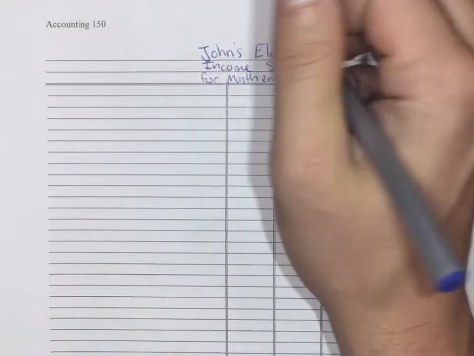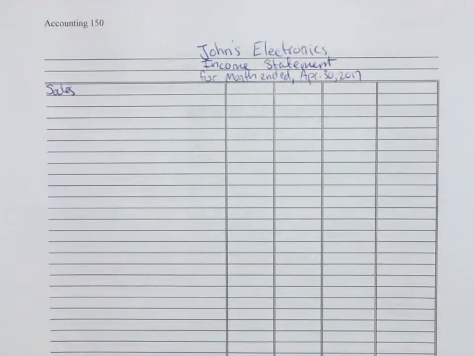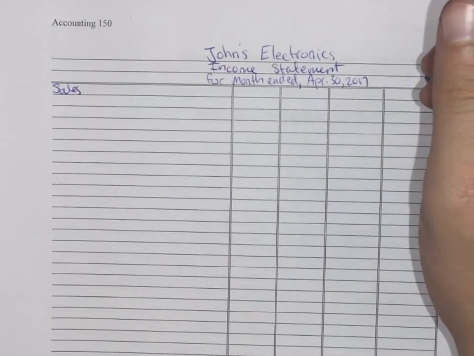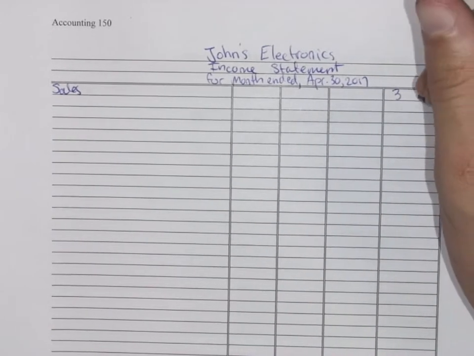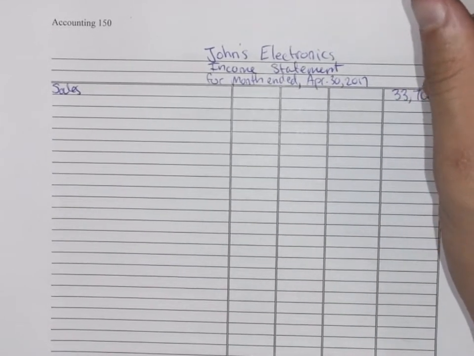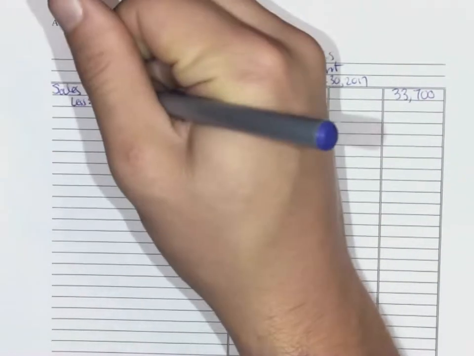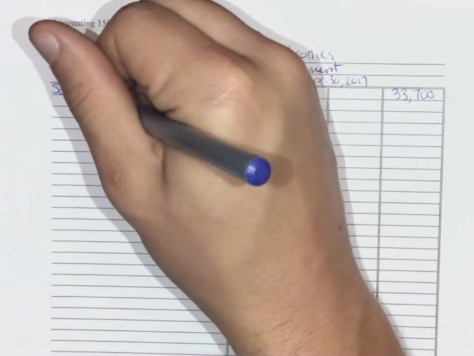So we have our sales, and we're going to put those in and just follow along. 33,700. We need to less our sales, returns, and allowances.